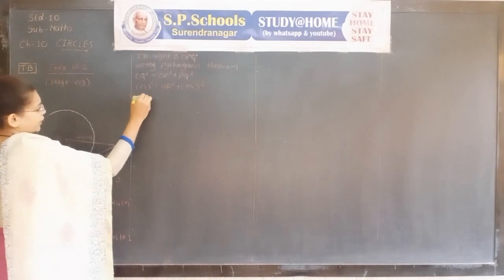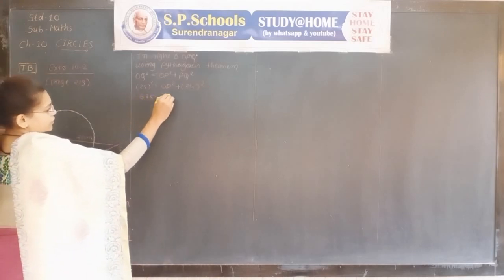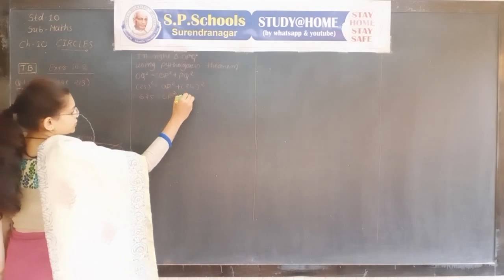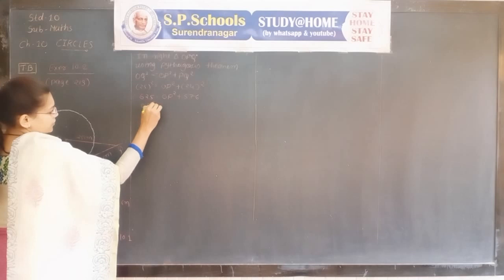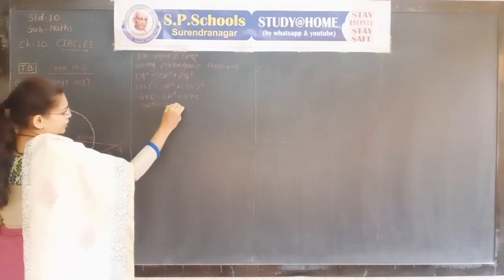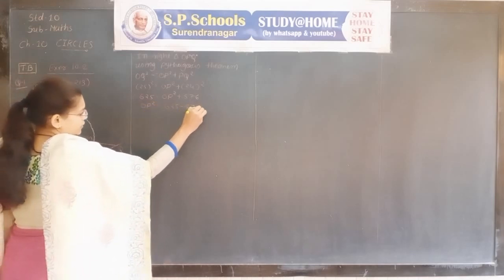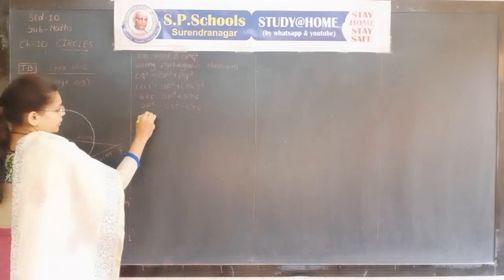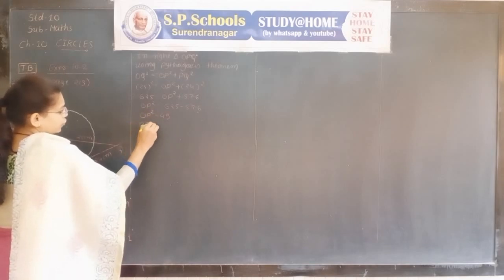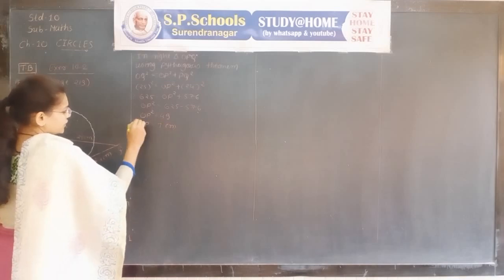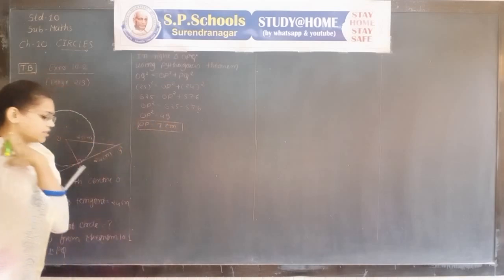Square of 25 is 625, is equals to OP square plus 576. By making OP square the subject, we get 625 minus 576. OP square is equals to 49. That's why OP is equals to 7 centimeter. Now what is 7 centimeter?